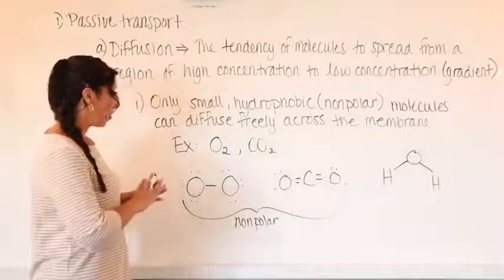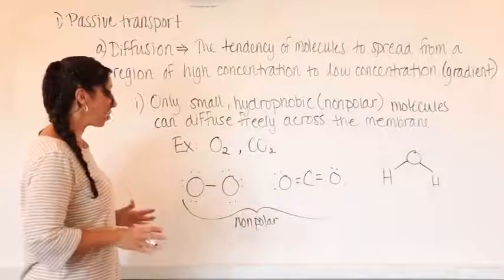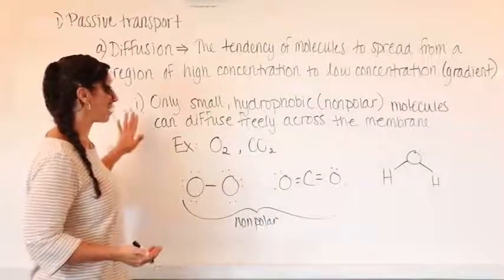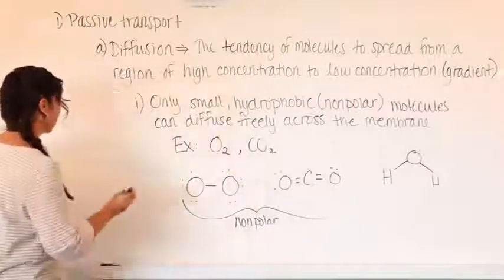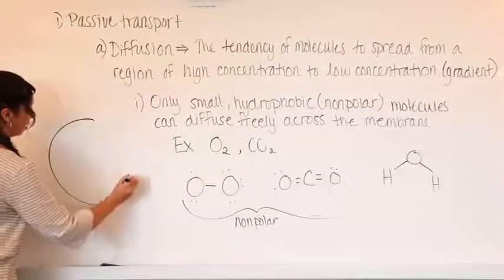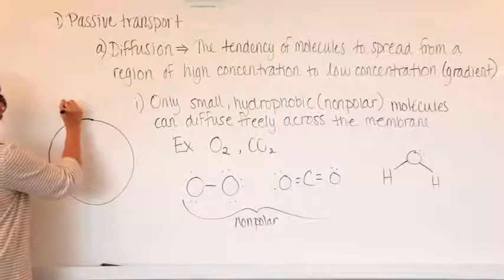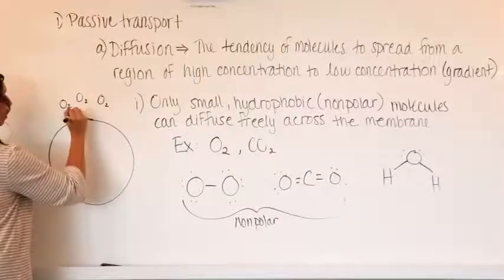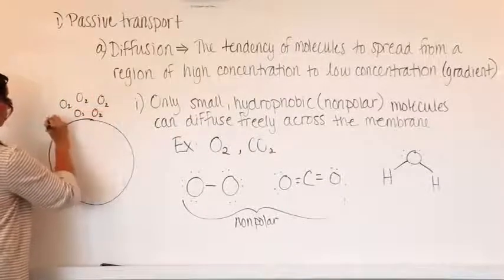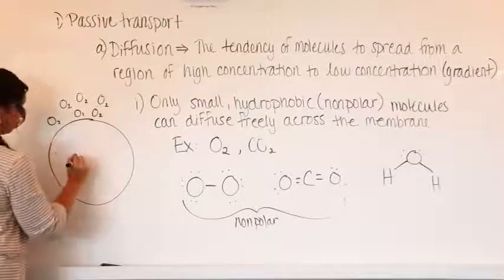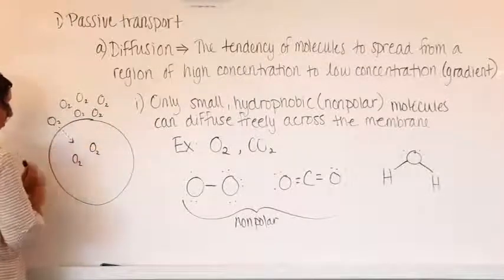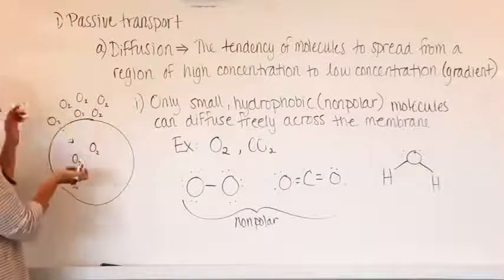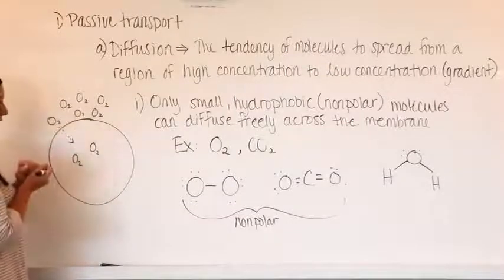So only small hydrophobic or nonpolar molecules can diffuse freely across the membrane. And they're always going to diffuse. If I have high O2 on the outside of my cell and low O2 on the inside, oxygen is going to diffuse in. That's my gradient, a high to low gradient.